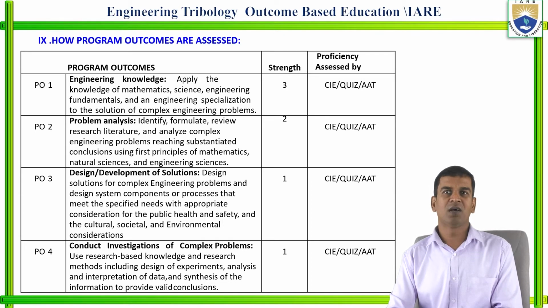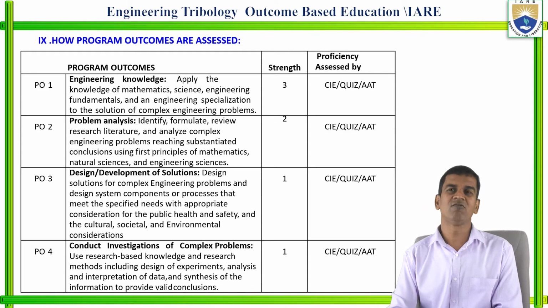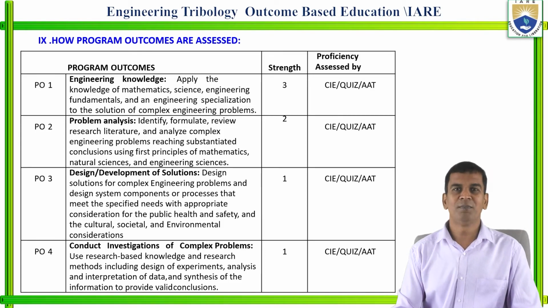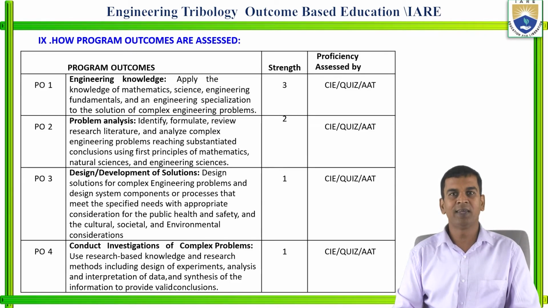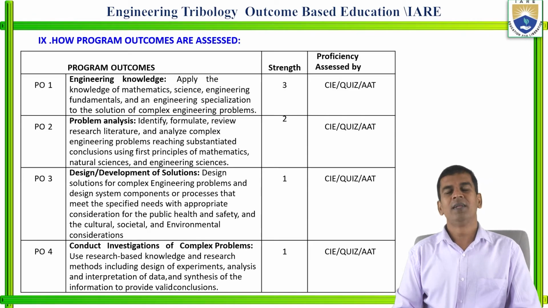All these concepts have a strength of 2, and they are evaluated by the same CIE, quiz and AAT. Similarly, PO3, design and development of solutions, has a strength of 1, and it is evaluated by the same CIE, quiz and AAT. PO4 is conduct investigation of complex problems, and it is given a strength of 1, and it is evaluated by CIE, quiz and AAT.